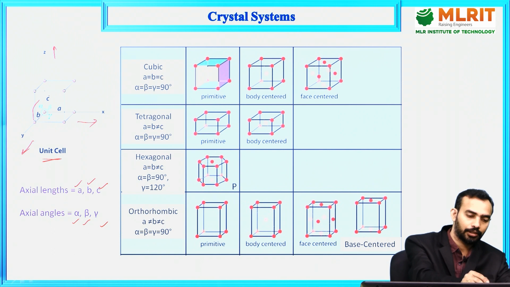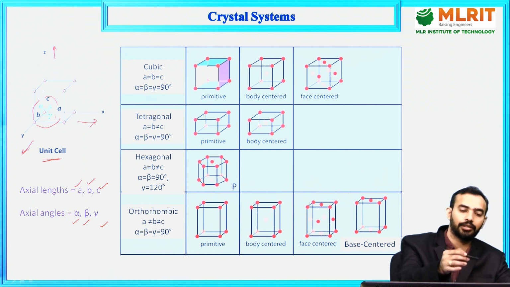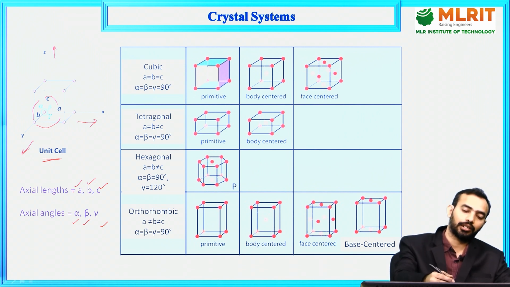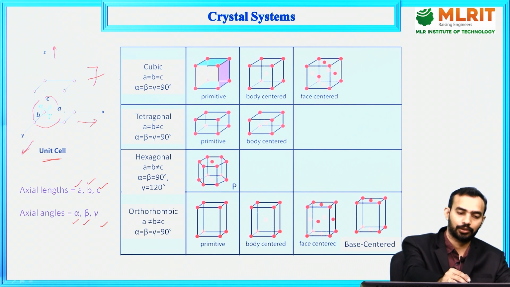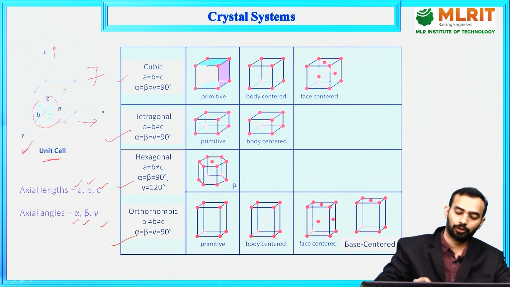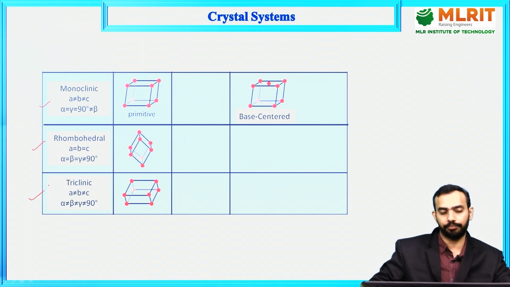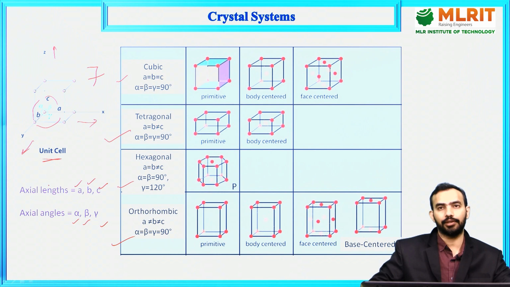Alpha is here, beta is here and gamma is here, the angles between the three coordinate axes. Based on the relationship between axial lengths and axial angles, we have categorized crystals into 7 crystal systems. One is cubic, then tetragonal, then hexagonal, rhombohedral, orthorhombic, monoclinic and triclinic. These are based on the relationship between axial lengths and axial angles.